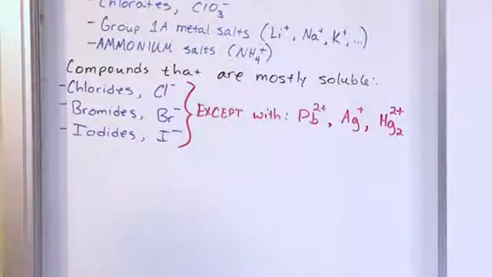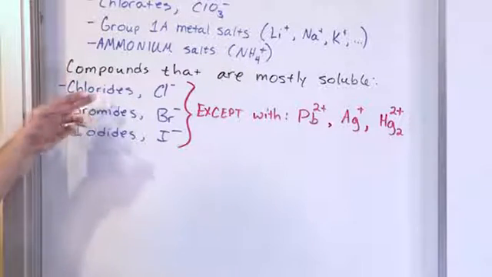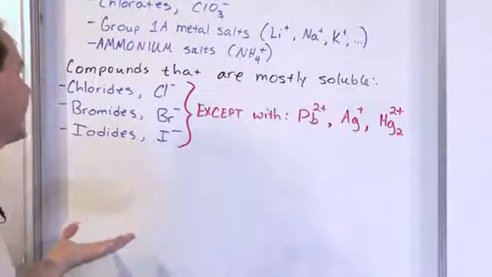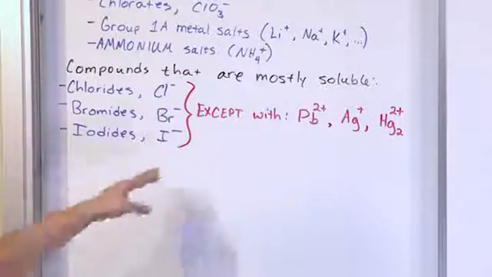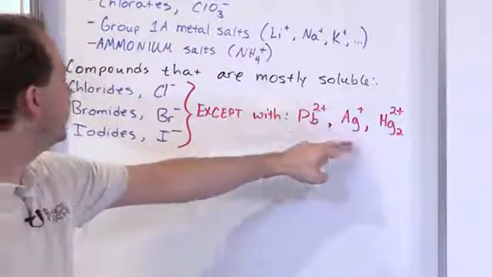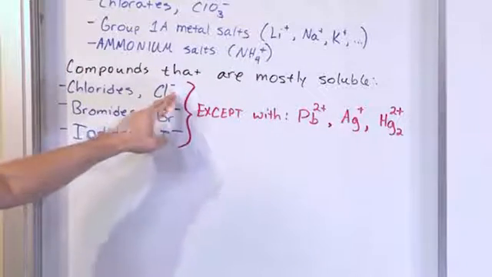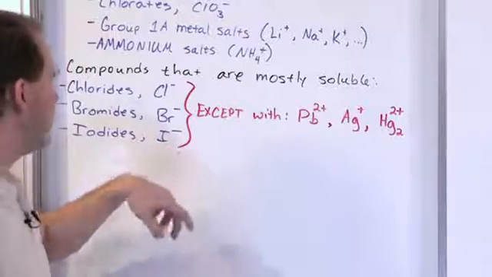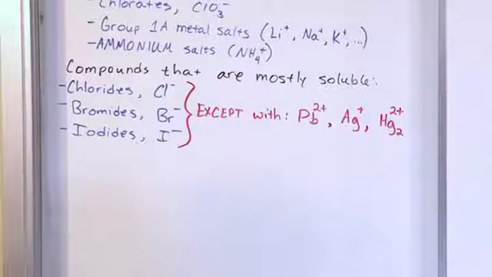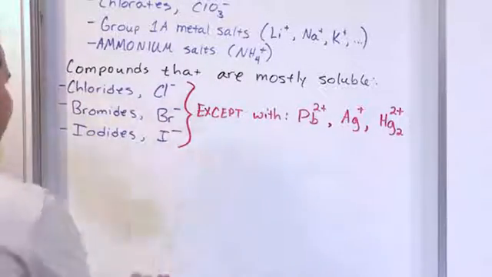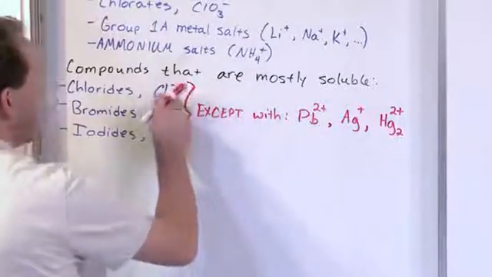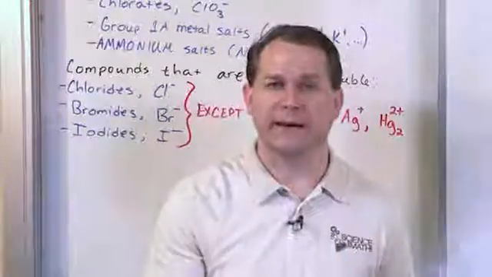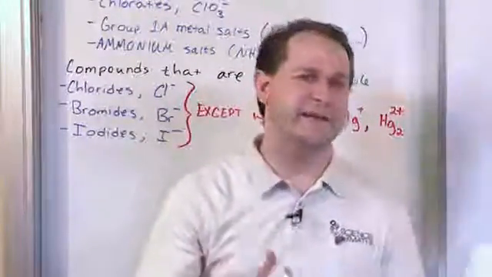So the chlorides, the bromides, and the iodides are mostly soluble, so you can pretty much count them as soluble compounds, except when they're combined with these. So silver chloride, for instance, would not be soluble. Lead iodide would not be soluble. Lead bromide would not be soluble. If you have a reaction that forms silver chloride, it's going to form and settle to the bottom as a solid powder. It's not going to stay dissolved in the solution.